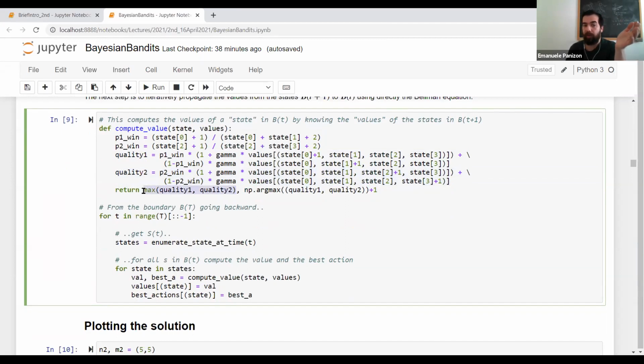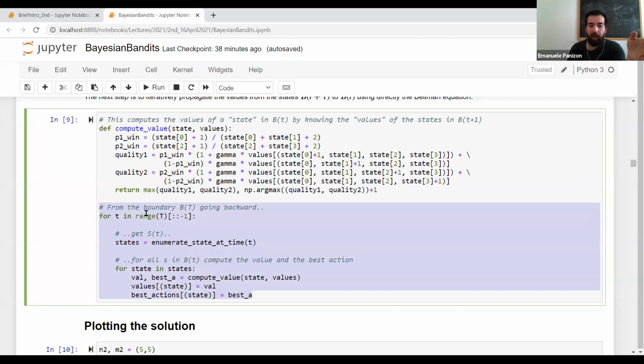So it just returns what is the best value in that belief state, and what is the best action to do in that belief state. Okay, so this is done only for one belief state, but now I have to do it for all the belief states starting from the boundary downwards, and this is what I do here.